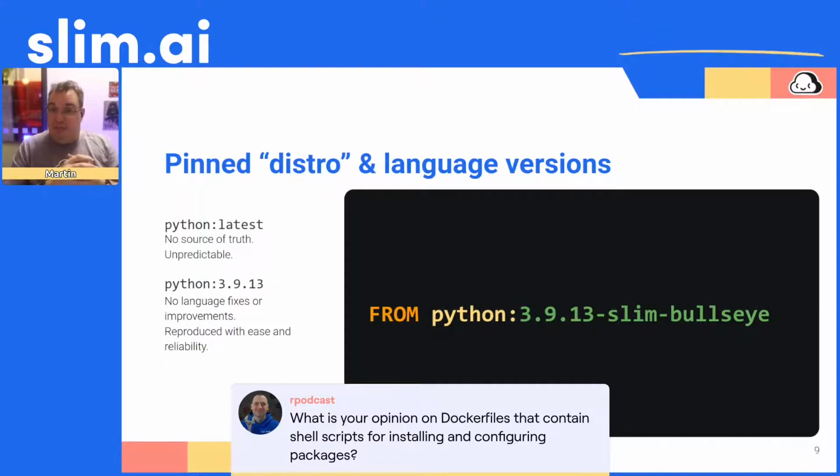Yes, that's fine, providing that you adhere to awareness of the layer caching and all the rest of it. That can be a fine way to make your Docker file more readable, for example, by bundling up a whole bunch of complex operations into scripts that you call.